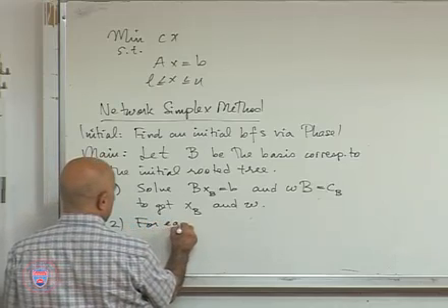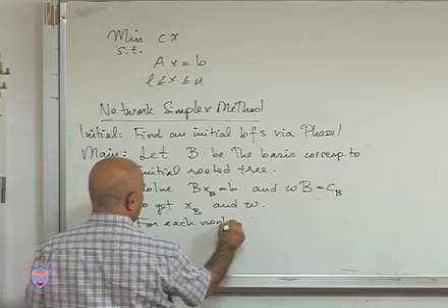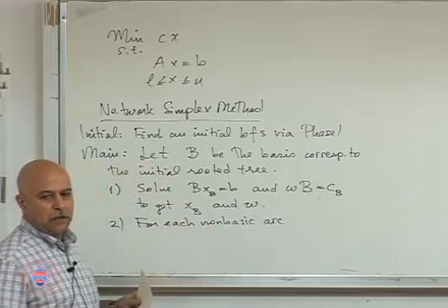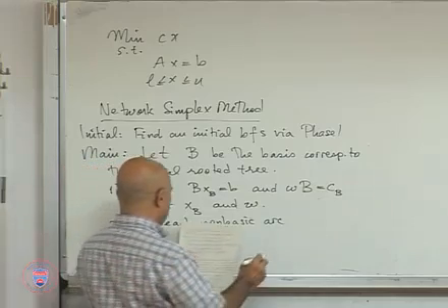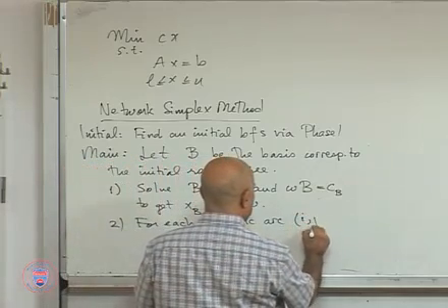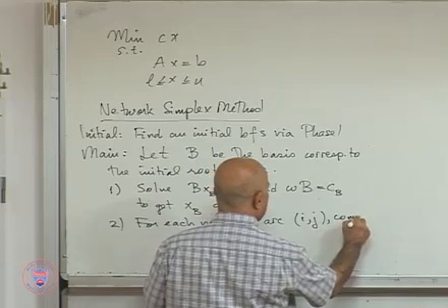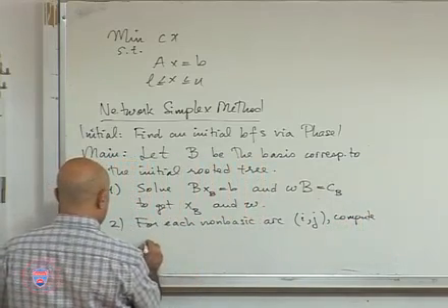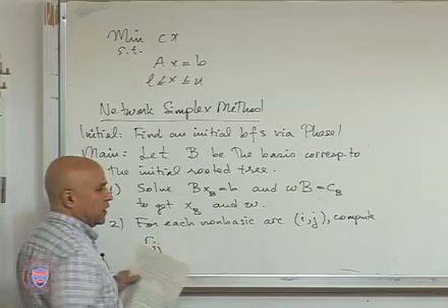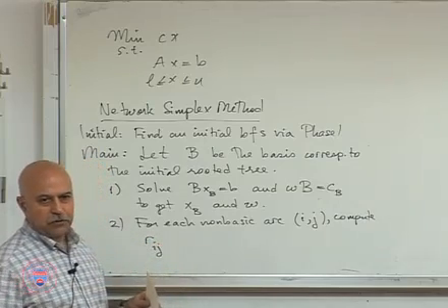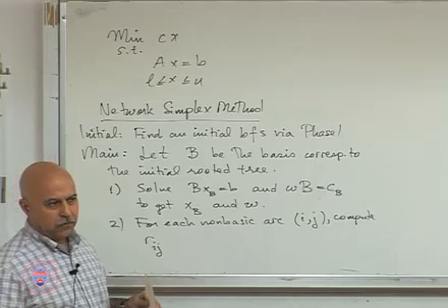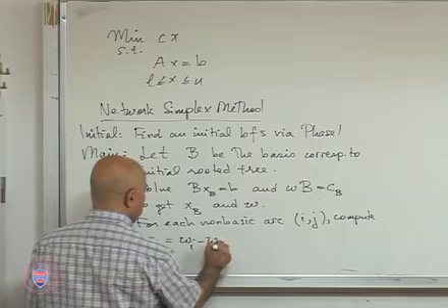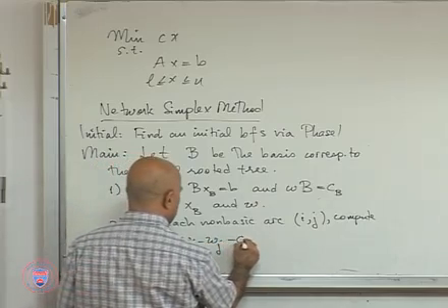For each non-basic arc, and non-basic arcs are those that are not in the tree, for each non-basic arc ij, compute the reduced cost R_ij, which is defined by w times the column associated with ij minus c_ij, which reduces to w_i minus w_j minus c_ij.